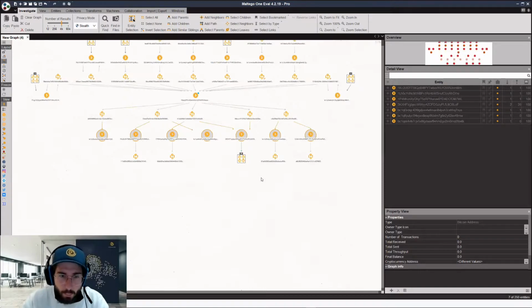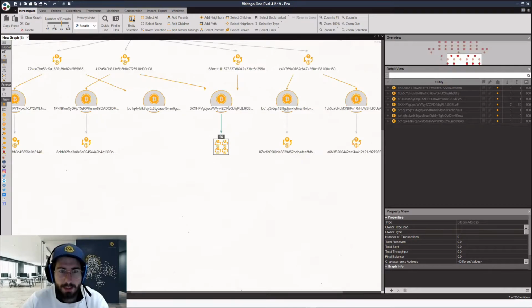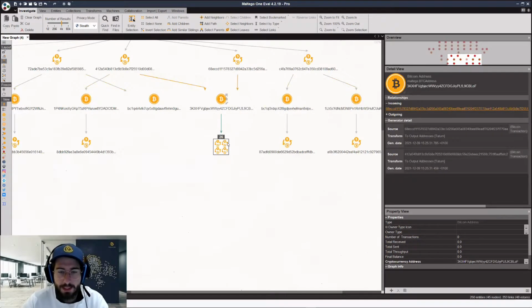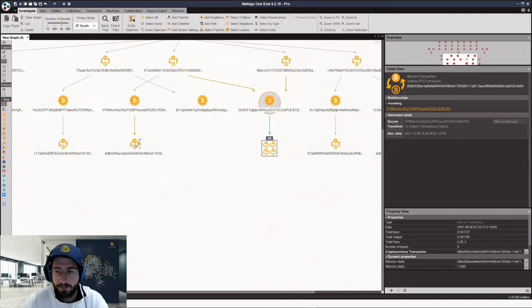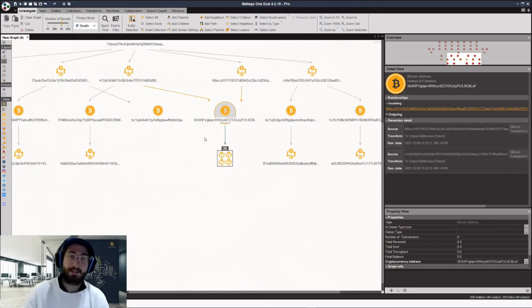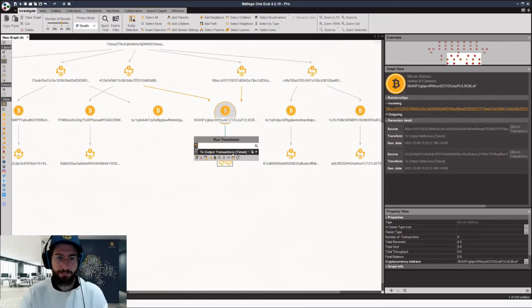And it seems one has been doing a bit more transactions than the others. If we look at this one, we can see here 26 transactions, whereas all of the other ones only had 1 transaction. So that's quite interesting. Something we are going to do then is check how many Bitcoin came through that address.